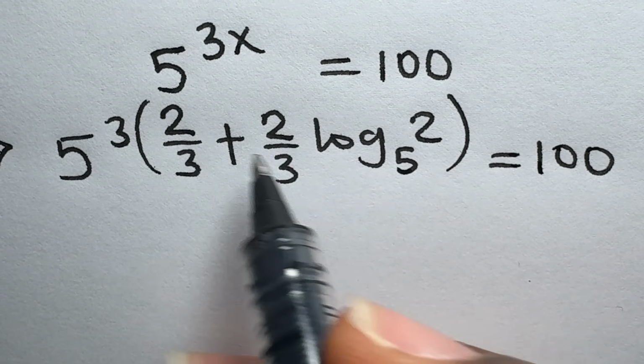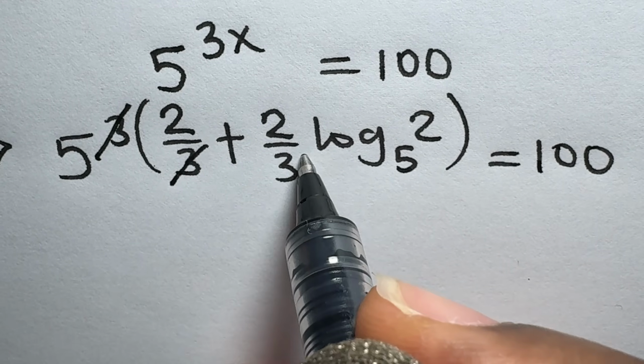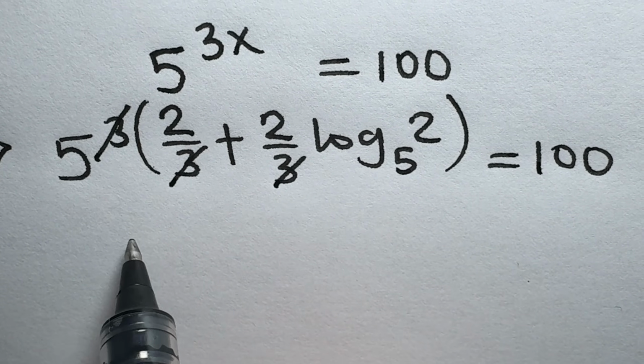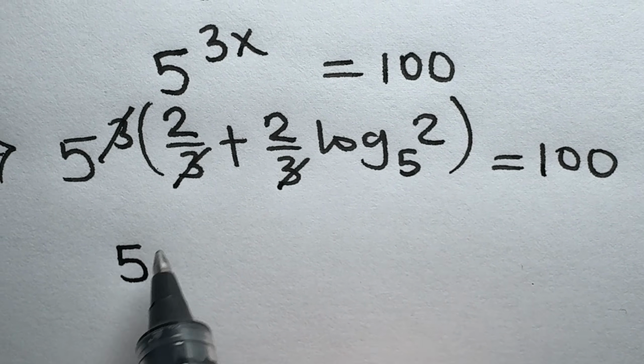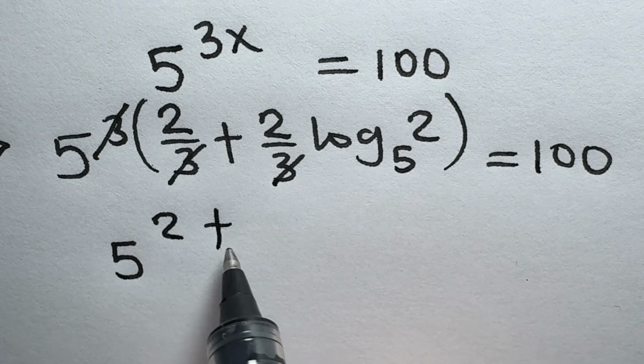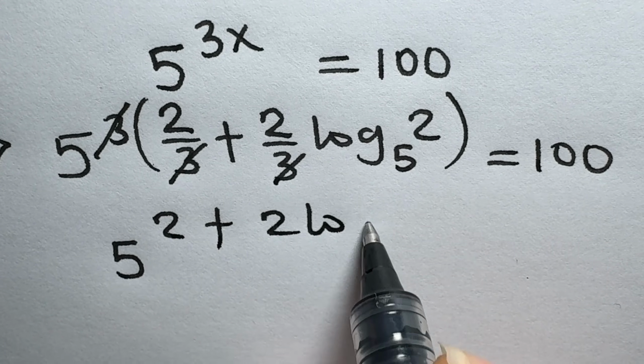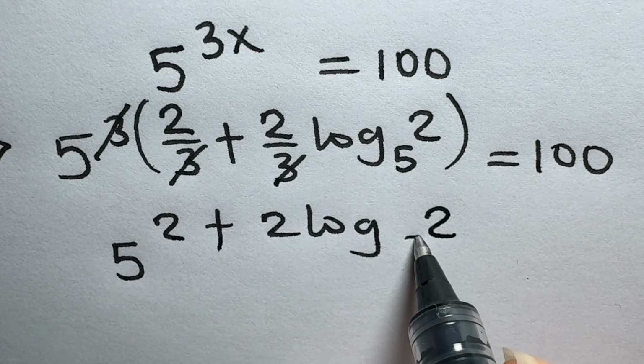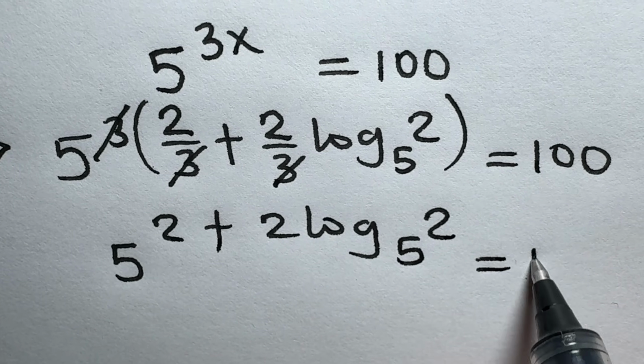If we open up this bracket, this 3 will cancel all of this. Then we have 5 raised to power 2 plus 2 log 2 base 5 to give us 100.